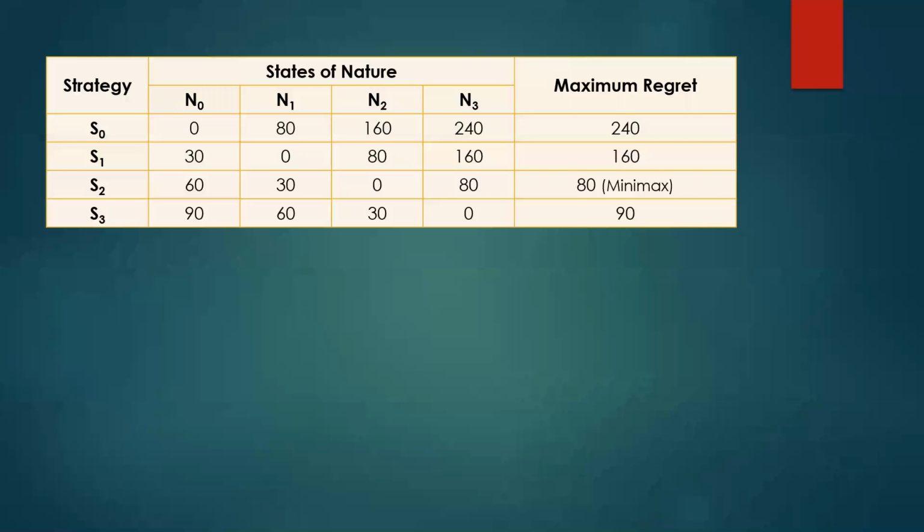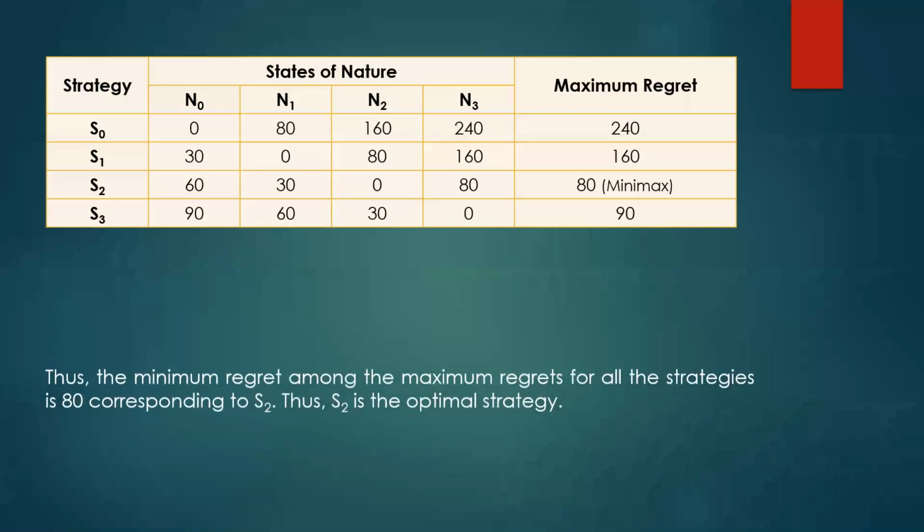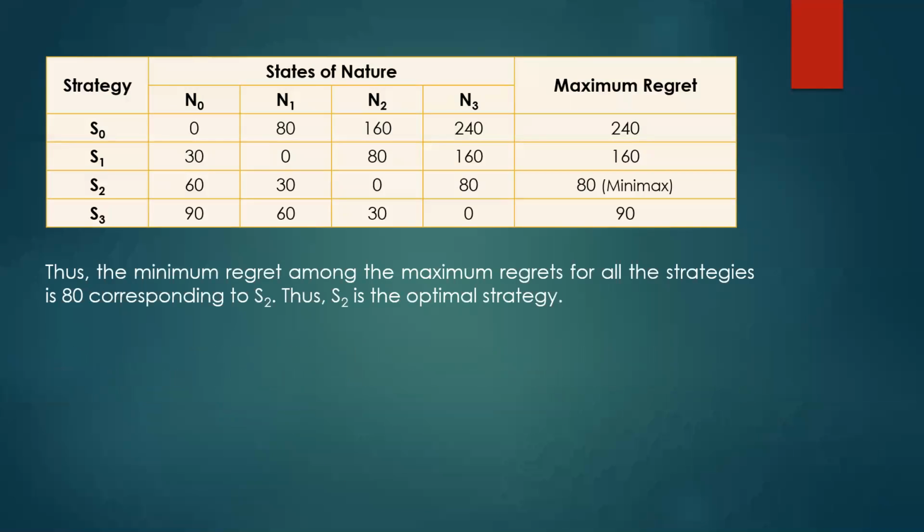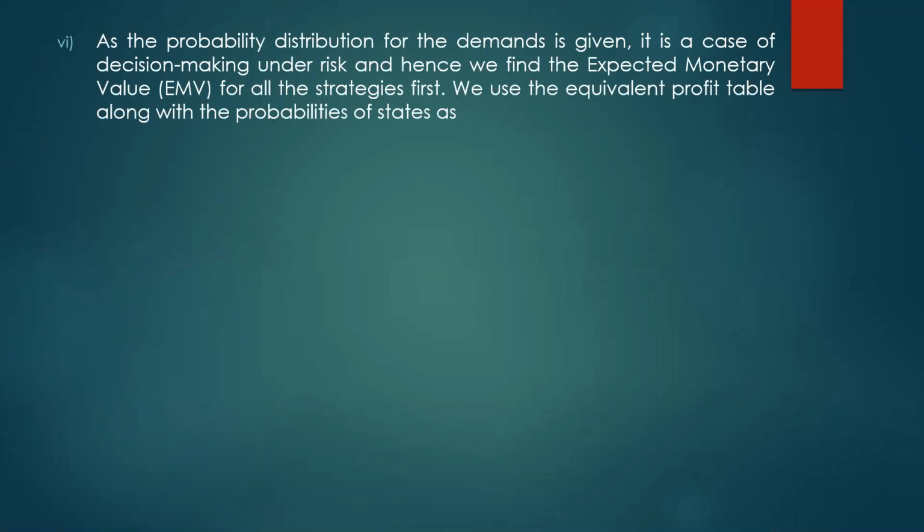No. Okay, great. Let's go ahead and solve the last one, where we are solving it using the probabilities which are available to us. So we are supposed to calculate the EMV. For N0, they have mentioned the probability is 0.1, N1 it is 0.3, for N2 it is 0.4, and for N3 it is 0.2. So I'll write the table again, making use of the profit matrix.